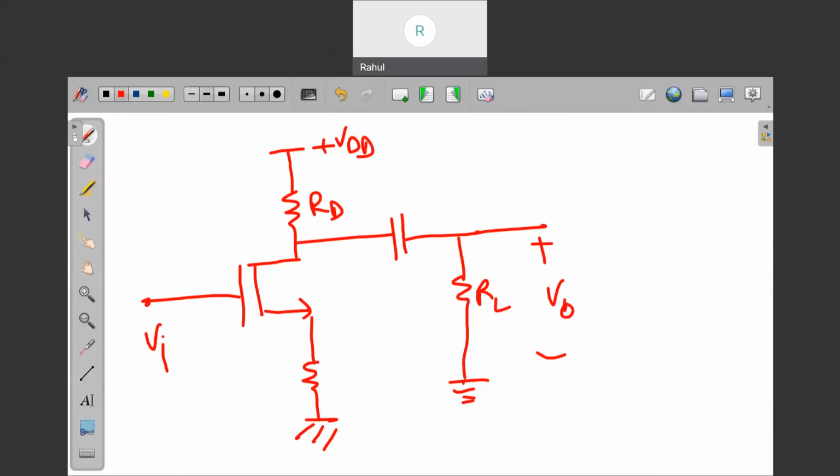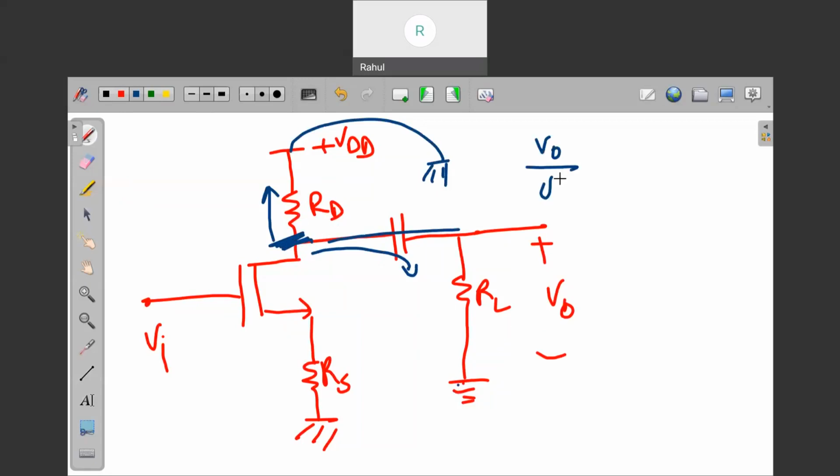This is RD, and they are asking what is the gain of this transistor. What you will do here is ground this, short this, and you have to see RD here, and from this point to ground. These two resistances RD and RL are in parallel. So Vo/VI is equal to minus RD parallel RL.